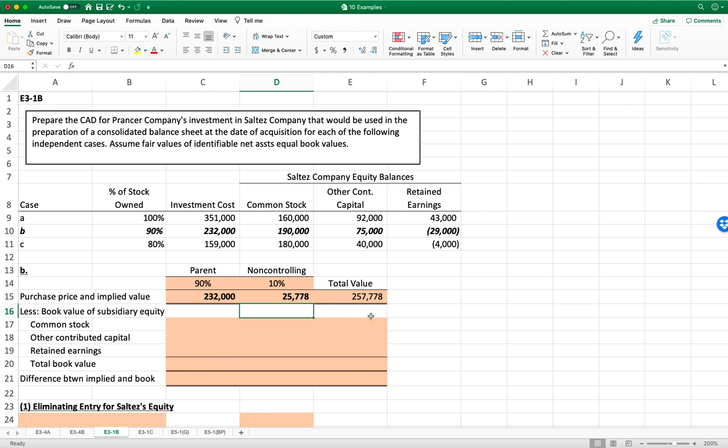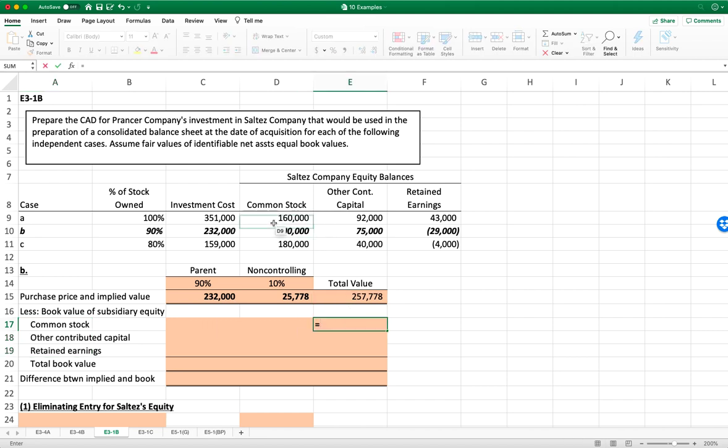Then we're going to compare our implied value to the book value of the entity as determined by adding up all of their equity accounts. Because remember, sum of equity is equal to net assets. So in this case, our company has, again, three equity accounts: common stock, other contributed capital, and retained earnings. So we have three equity accounts in our computation and allocation of differences schedule.